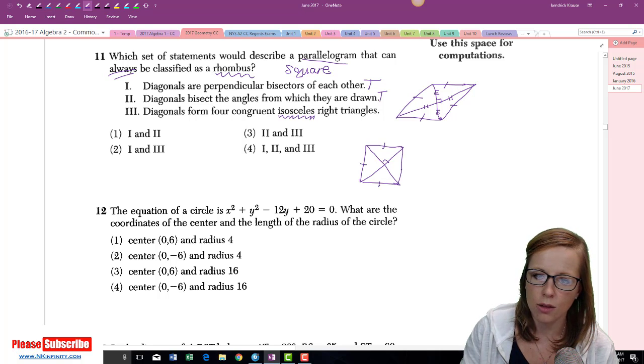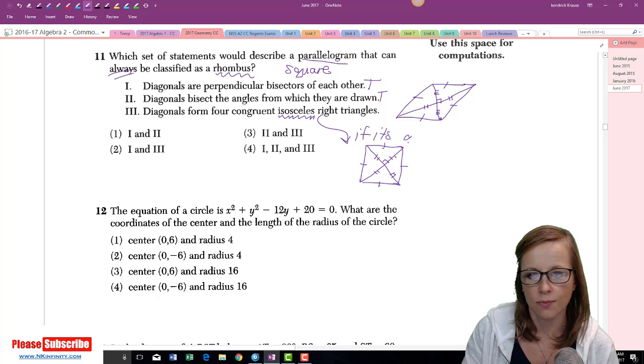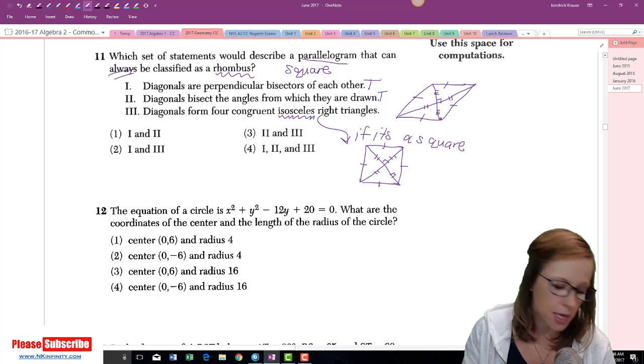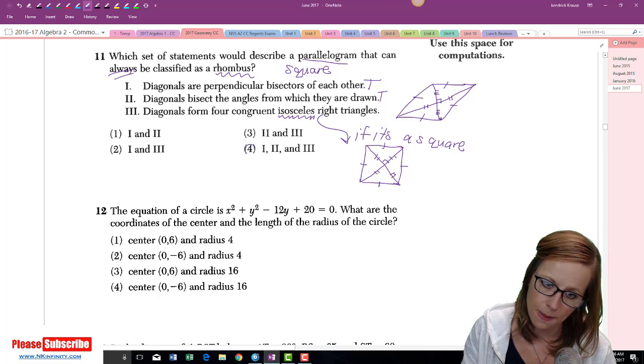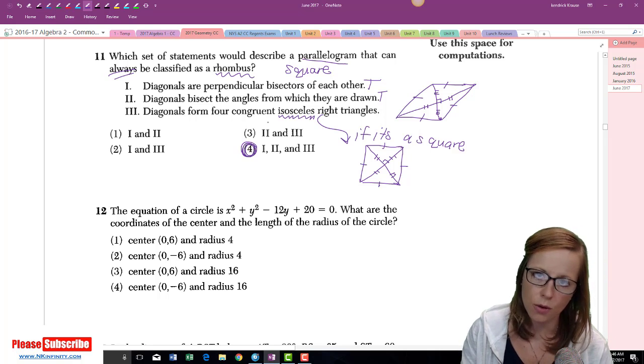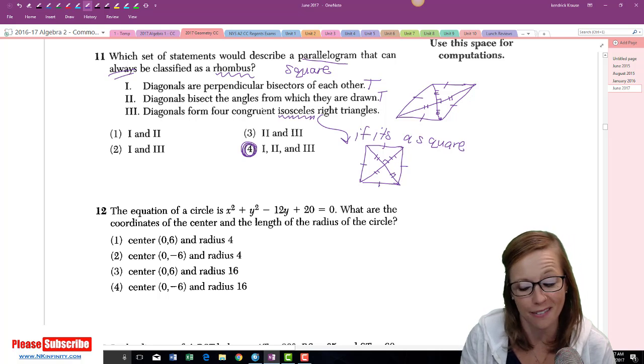So we know that all of those little pieces in the middle there are the same. So we do have four congruent right triangles if it's a square. And because that's true, it has to be 1, 2, and 3. I'm sorry that you got it wrong, if you got it wrong.